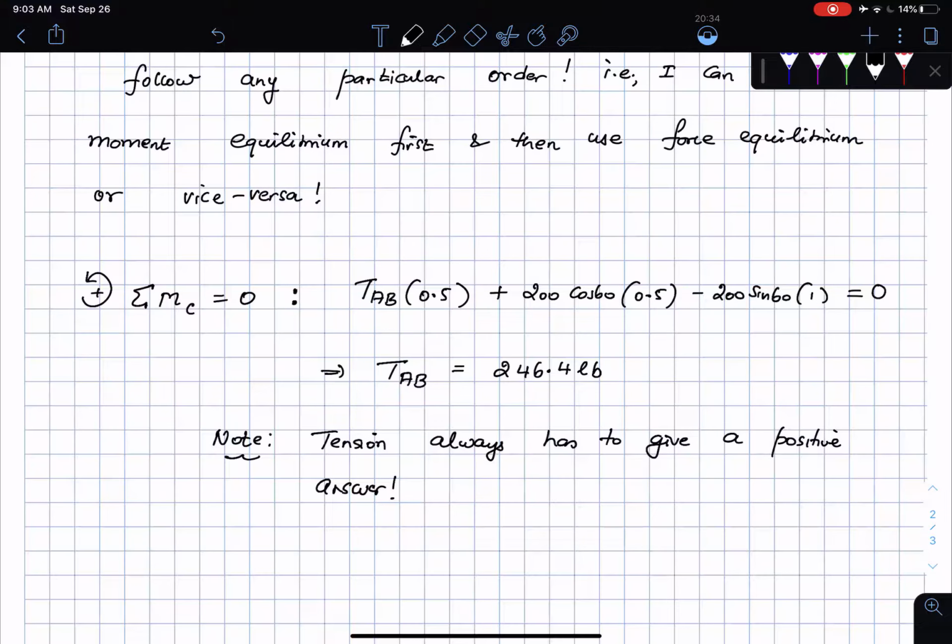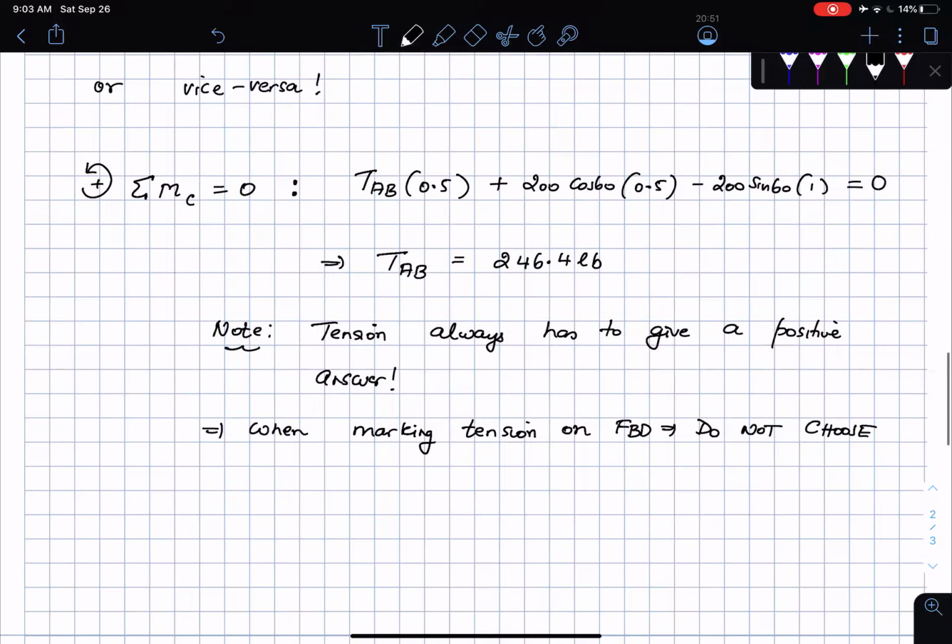So when you're marking tension on the free body diagram, do not choose an arbitrary direction. This is true only for the tension. For any other support reaction, you can choose an arbitrary direction.